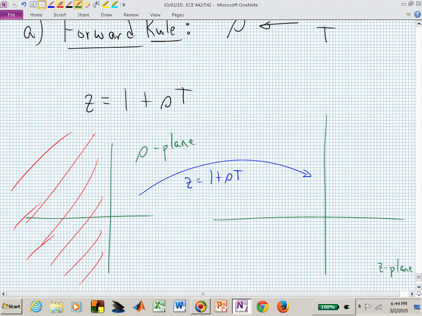And you could just start thinking about each of these points in the S-plane and plotting those one for one into their corresponding point in the z-plane using this mapping. Z is equal to 1 plus s capital T. If we start at the origin, we map to 1, don't we, in the z-plane.